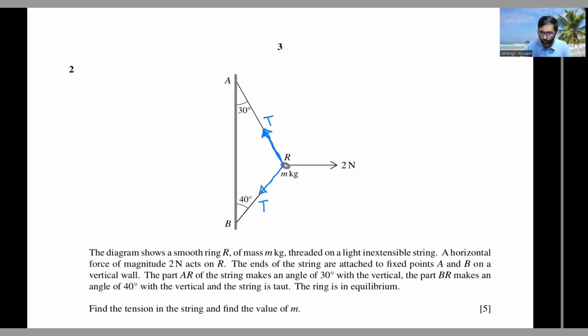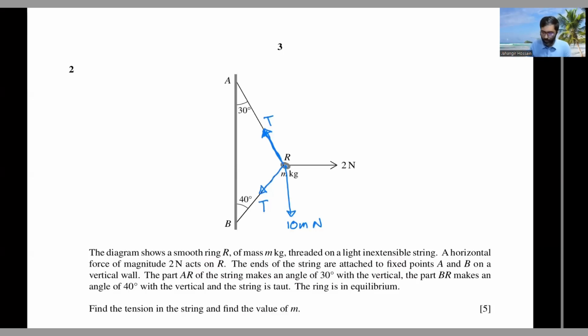So apart from the tension in the strings and the applied horizontal force, there is another force, the weight of the ring, which will act vertically downward as mg. g stands for 10, so 10m Newton. That's the weight of the ring.